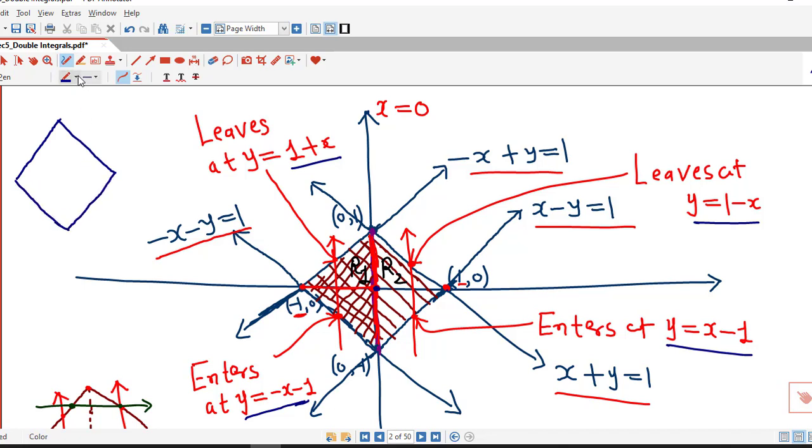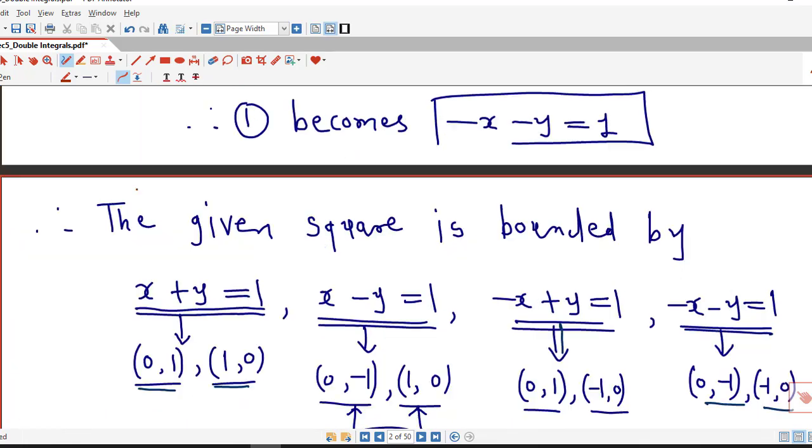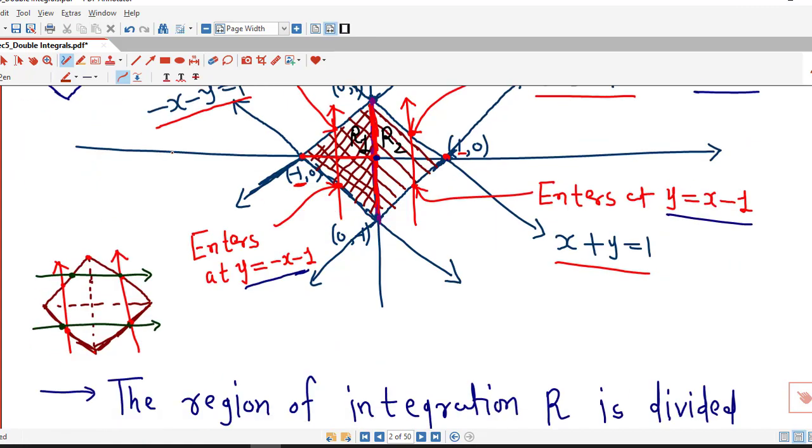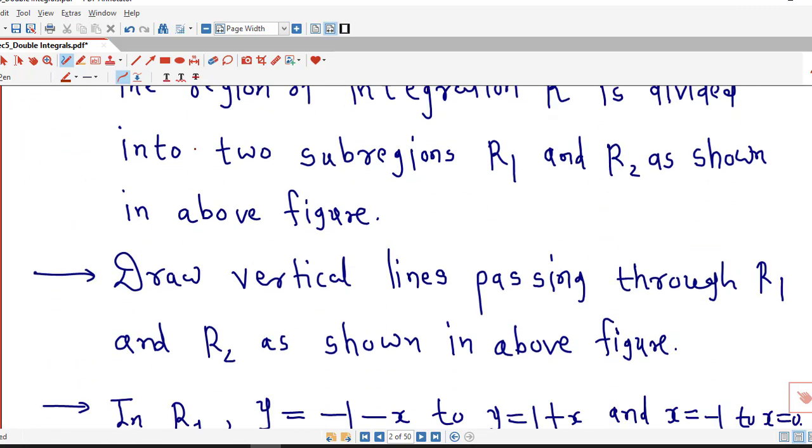Suppose we want to use horizontal lines, then from this point we have to divide the region into two subregions, and then we will consider horizontal lines on the upper side and lower side of this line. So here also we have to divide the region into two subregions. So this is the problem in which you must divide your region into two subregions to find out the exact value of double integral.